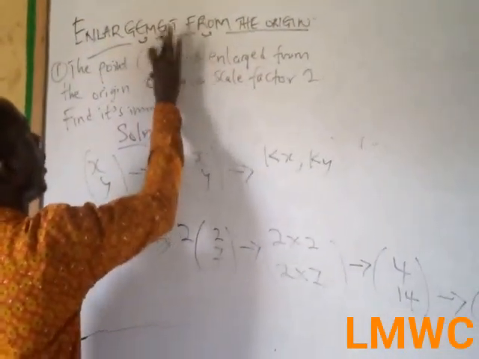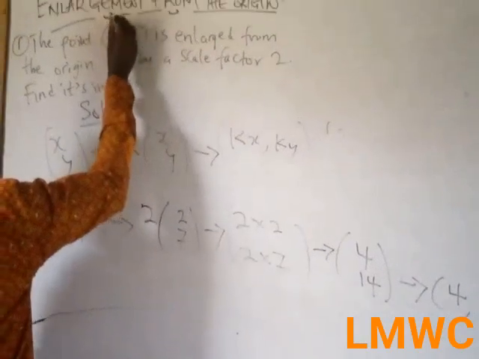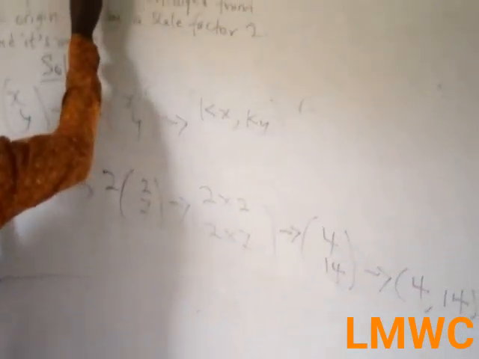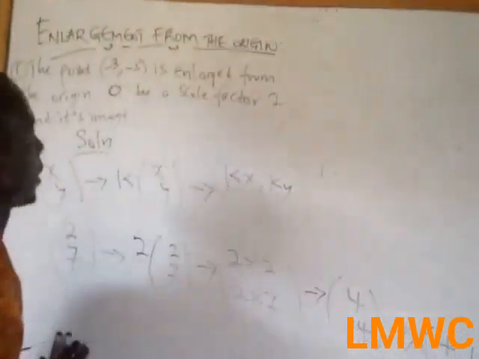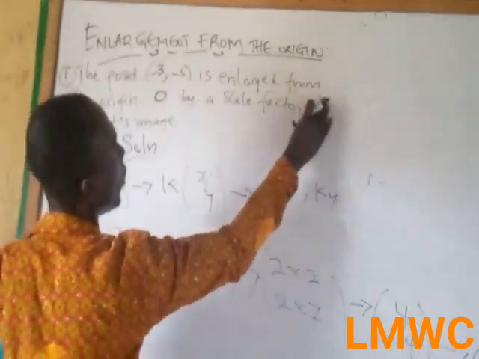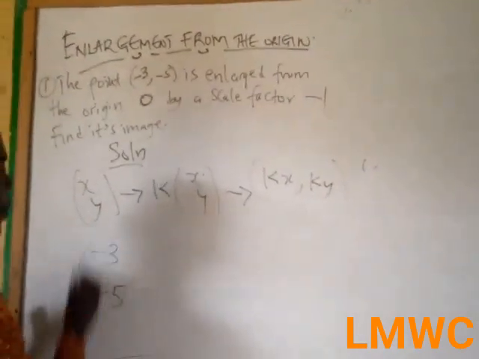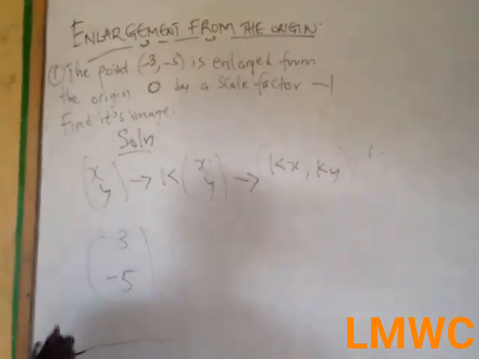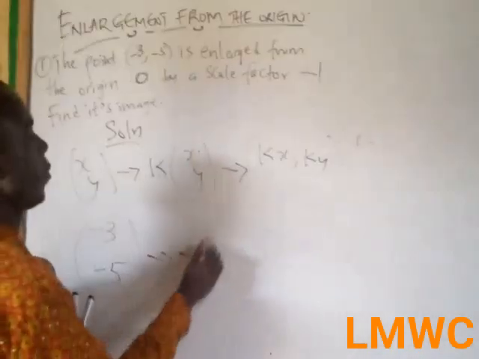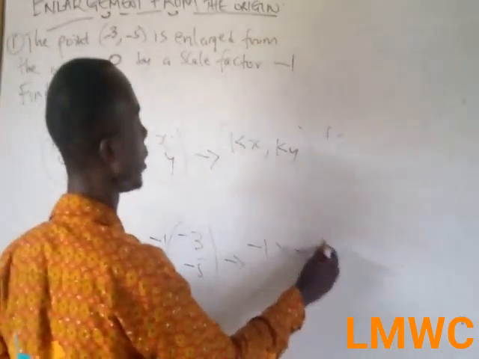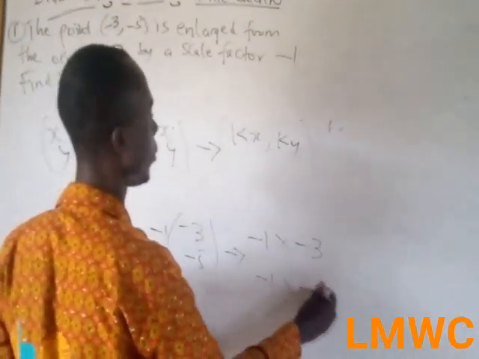Example 2. They can also give you (−3, −5), enlarged from the origin O by a scale factor of −1. Find its image. It's the same formula. The scale factor −1 will multiply the −3 and also the −5.